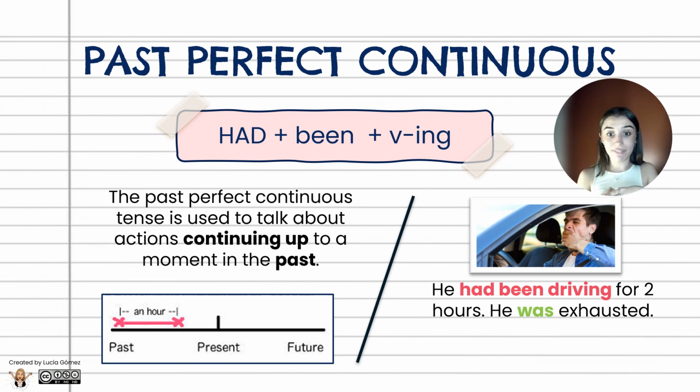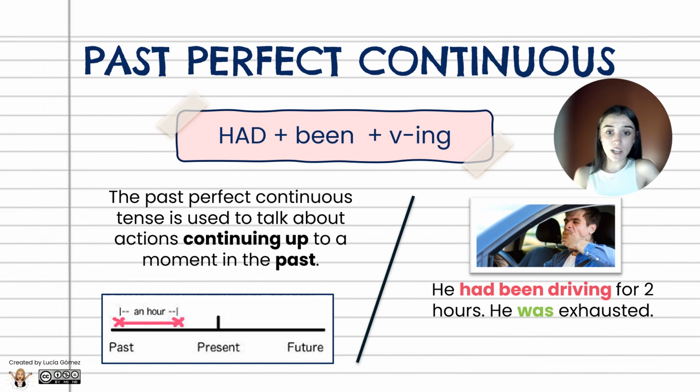Since we are talking about a perfect tense, that means there's going to be something in the past participle form, and there's nothing better than being. There you have it. And since we are talking about a continuous tense, we need the verb in the ing form. Es decir, que este tiempo es mucho más sencillo, porque el único past participle que me tengo que saber es el de being. Ahí lo tenéis.